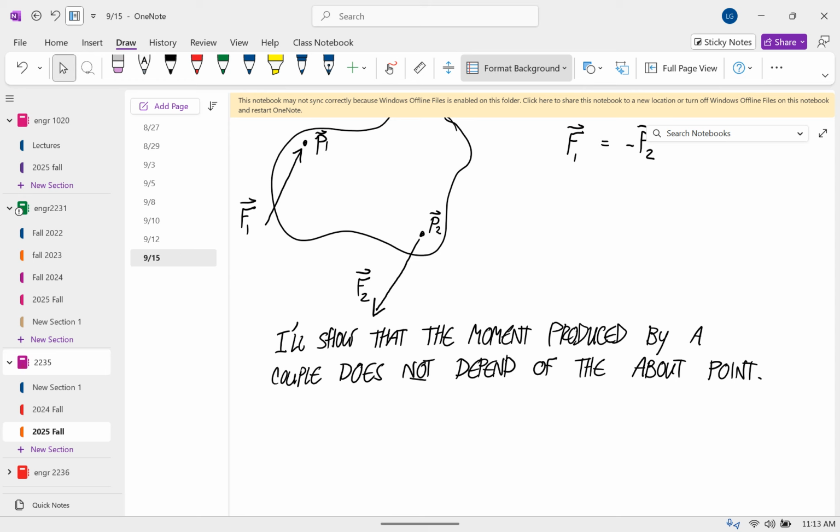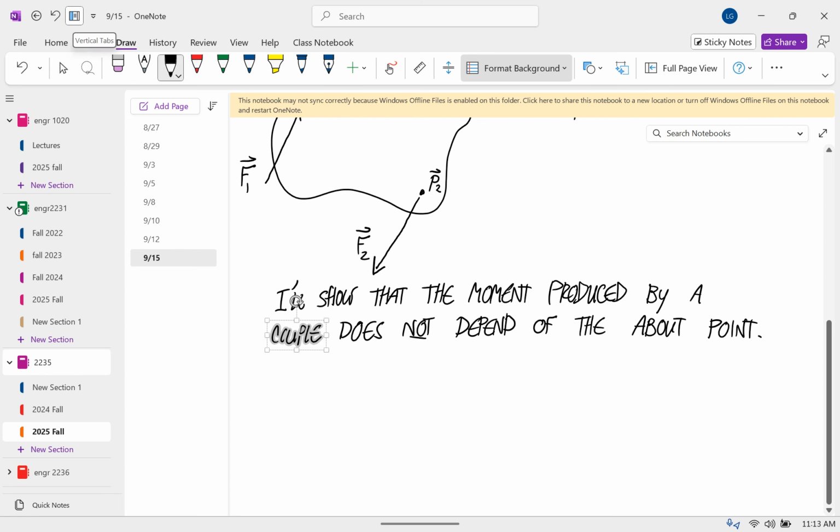And so when we talk about couples, even though a couple really is a pair of forces, we'll think about couples as a pure moment. It's a moment you could just add on no matter what your about point is. So it doesn't depend on the location of P at all? It depends on the location of P, but not the location of A.